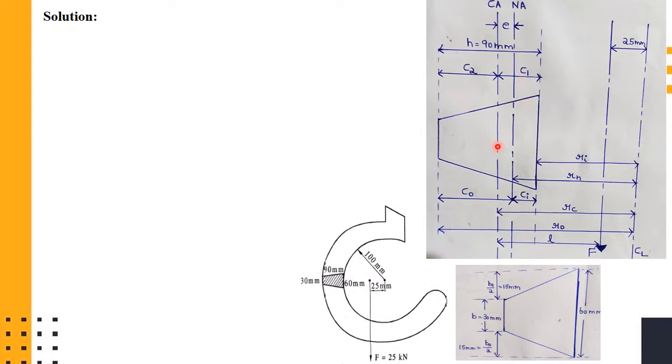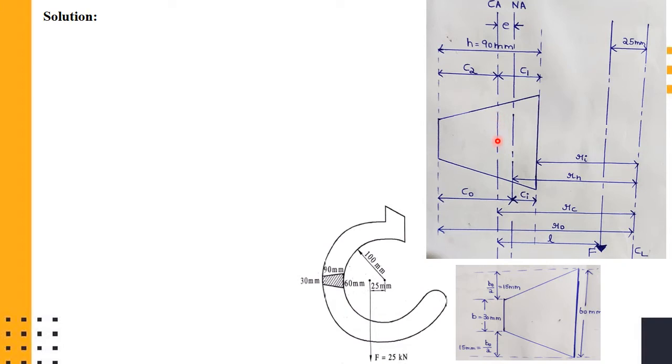Those two you write. And also you can note in a rectangular cross section, the centroidal axis passes through exactly the center of the rectangle. But in general, the centroidal axis is the axis which passes through the centroid of any given cross section. In a trapezoidal cross section, the centroid usually falls around this particular region.